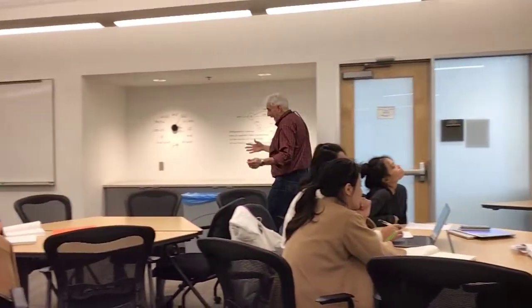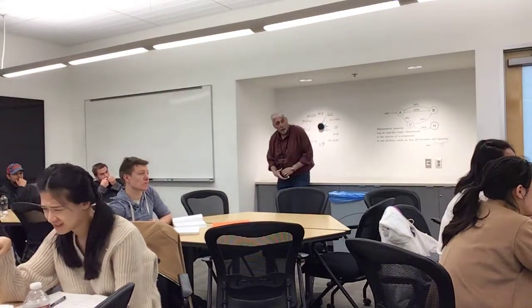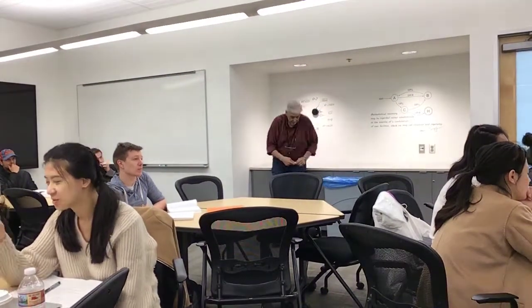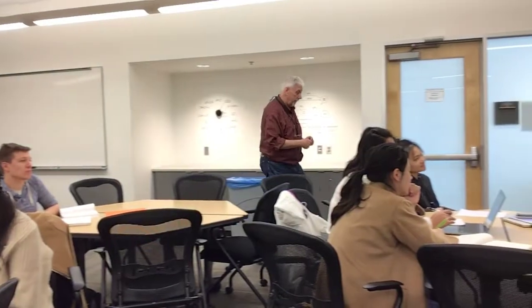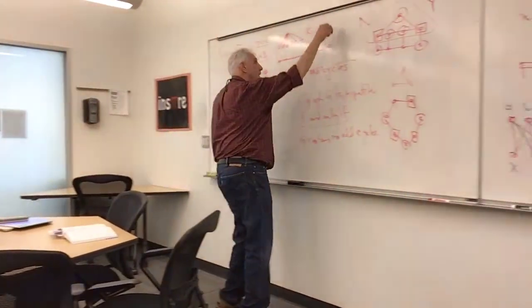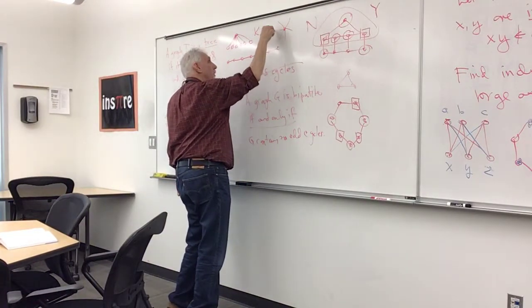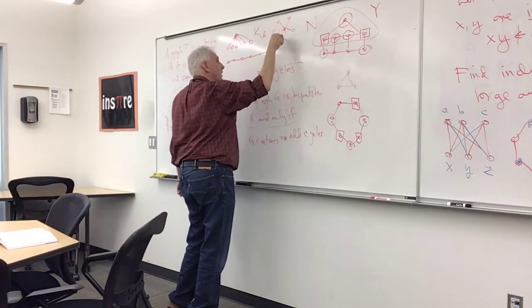So, graph theorists love names. The top one is called a star. It's not called a star because you draw it like that. It's called a star because typically you might draw it like this. Oh, look, it looks like a star.